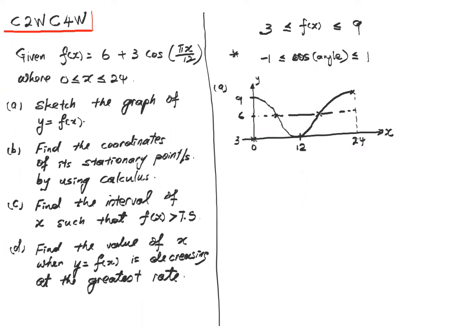Correct? So you must know some nature of the trigo function. And the inflection point here will be 6. Here will be between 12 and 24, halfway. Here will be 18. Are you clear? Trigo for sin and cos, it got this type of rhythm.